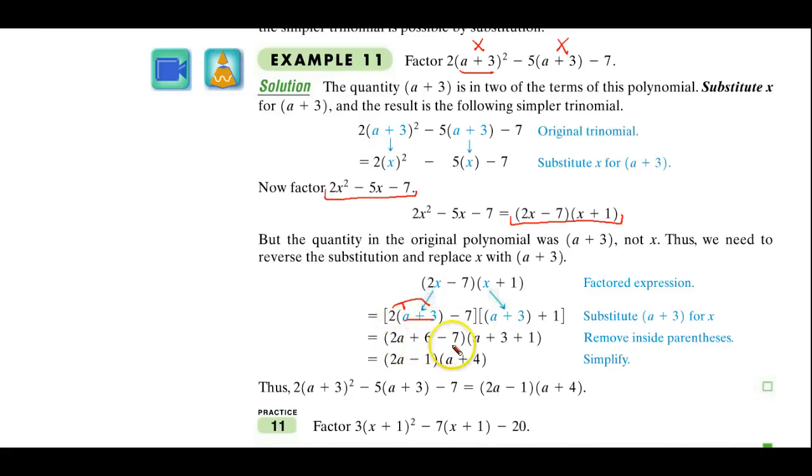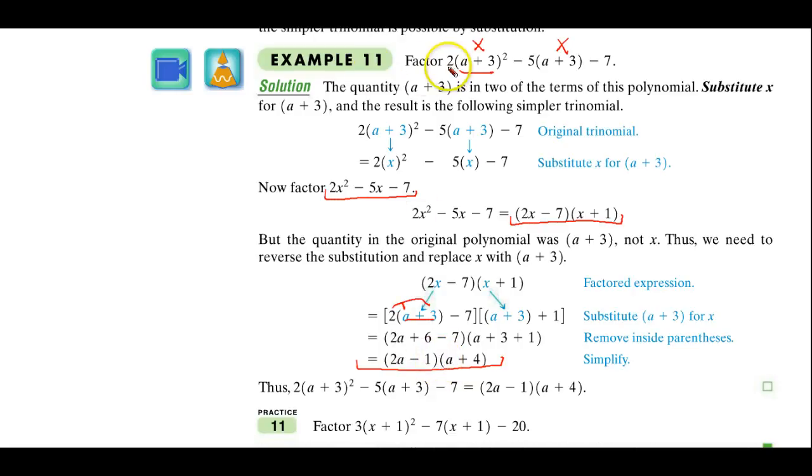We're going to combine like terms here, get this, and then the same thing. X here is a plus 3. Combine the 3 and the 1, get a 4. So this then is our final answer after we simplified it. And what technique did we use?